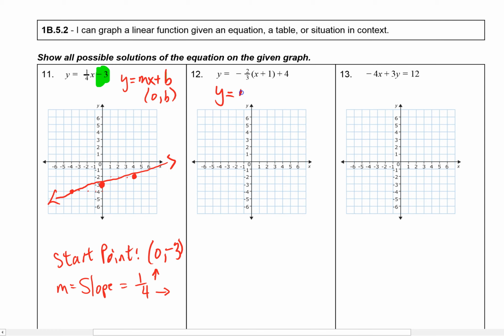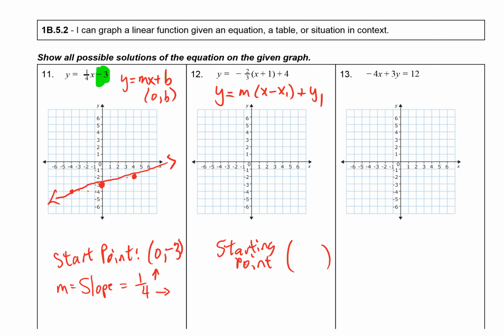For number 12, this is point slope. And wow, we've got to be careful with our starting point. With our starting point, please realize that the sign inside the parentheses switches.